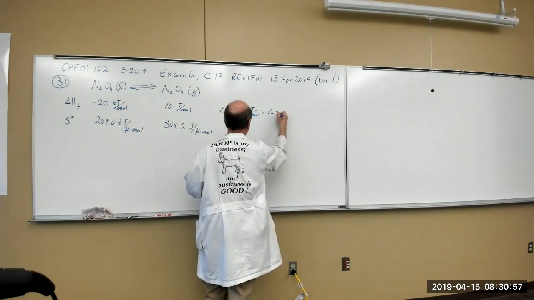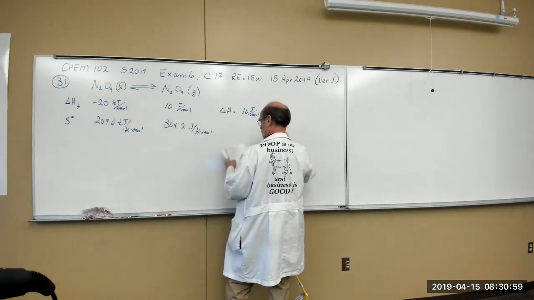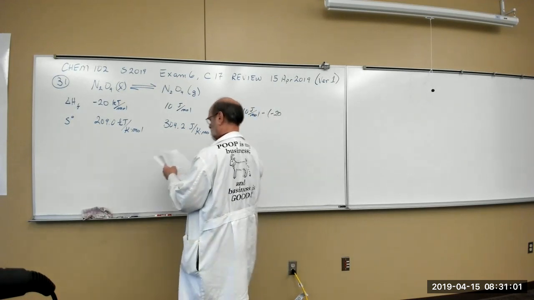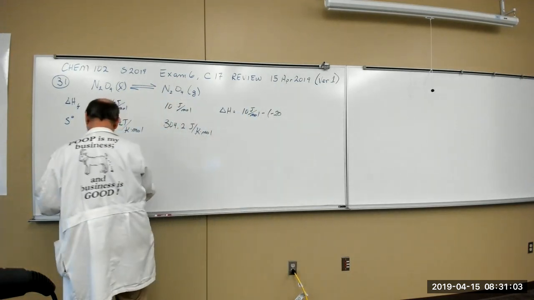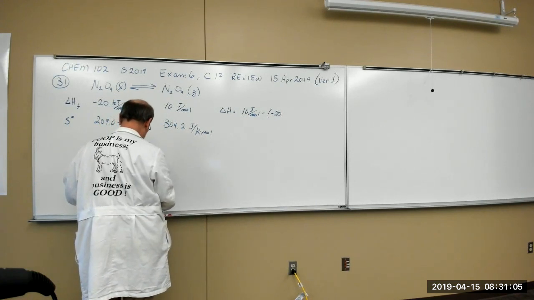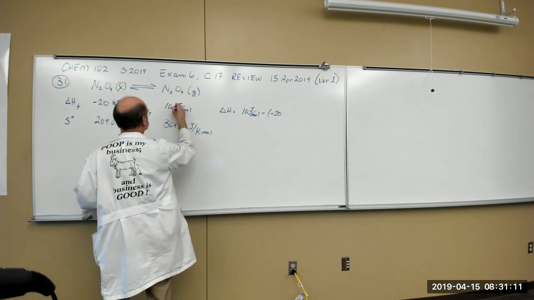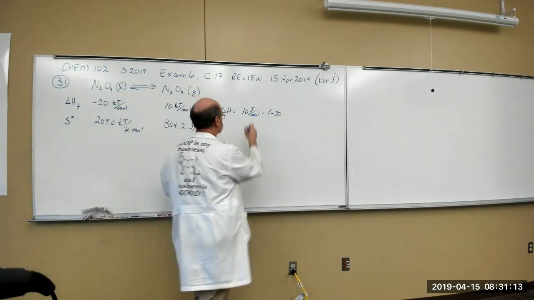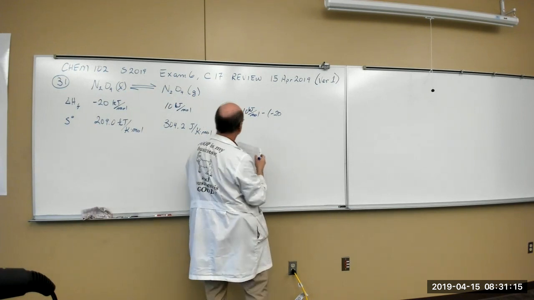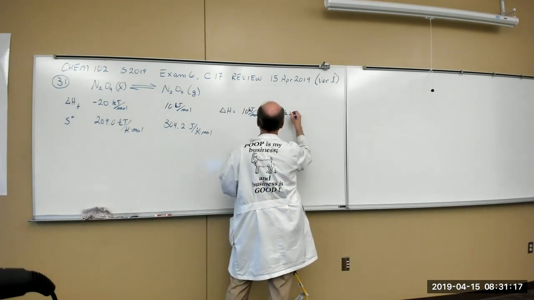Minus the minus 20. Oh, wait a minute. It's not right. One's joules and one kilojoules. No, they're both kilojoules. Negative 20 kilojoules for the liquid, and 10 kilojoules for the gas. I left the K out. Sorry.